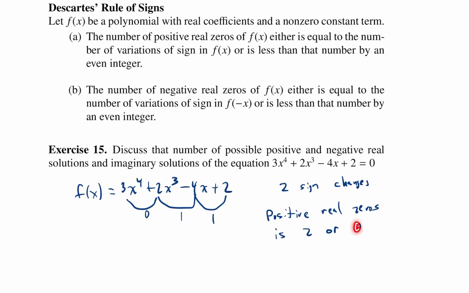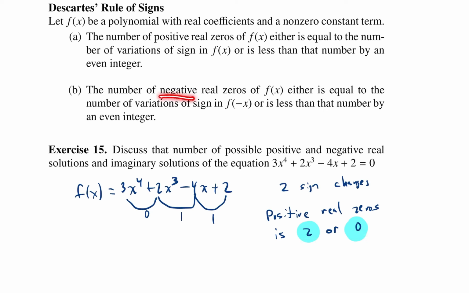And I'm getting 0 because I'm subtracting 2 from the number of sign changes. The reason I'm subtracting 2 is because it says here, or is less than that by an even integer. So you can subtract 2 minus 2, you get 0. So this is what the number of possible positive real zeros are, either 2 or 0.